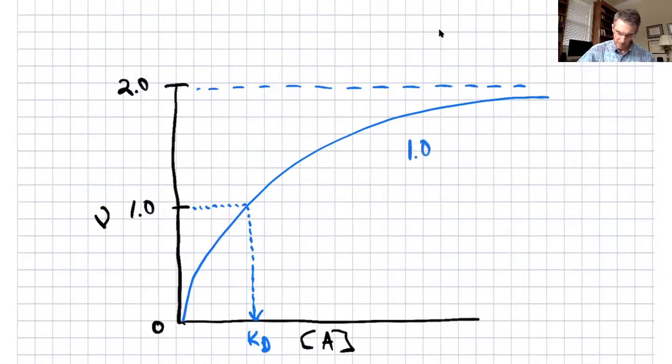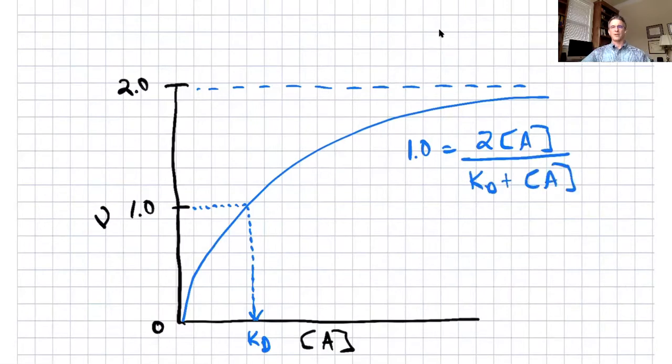If the point of half saturation, which in this case is a degree of binding of 1, because again, we got 2 sites, equals 2 times the concentration of A divided by KD plus the concentration of A. What's the concentration of A need to be in order for that expression to equal 1? Pretty cool, right?